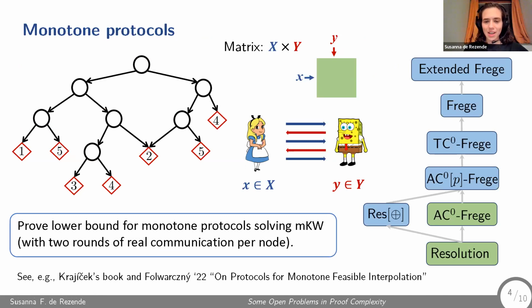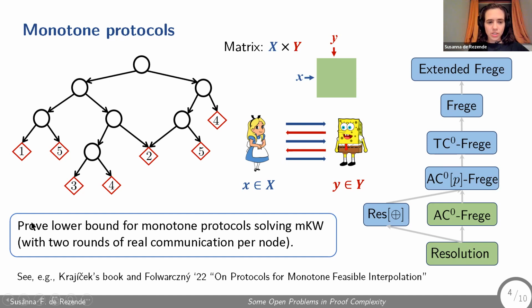Then we have monotone protocols. I'm not going to get into details here because it would take too much time. But the idea is that we can represent monotone protocols as some DAG, where every node in the DAG is related to some communication problem. And these DAGs correspond to different circuit models, or depending on the problem we're solving, can capture different proof systems.